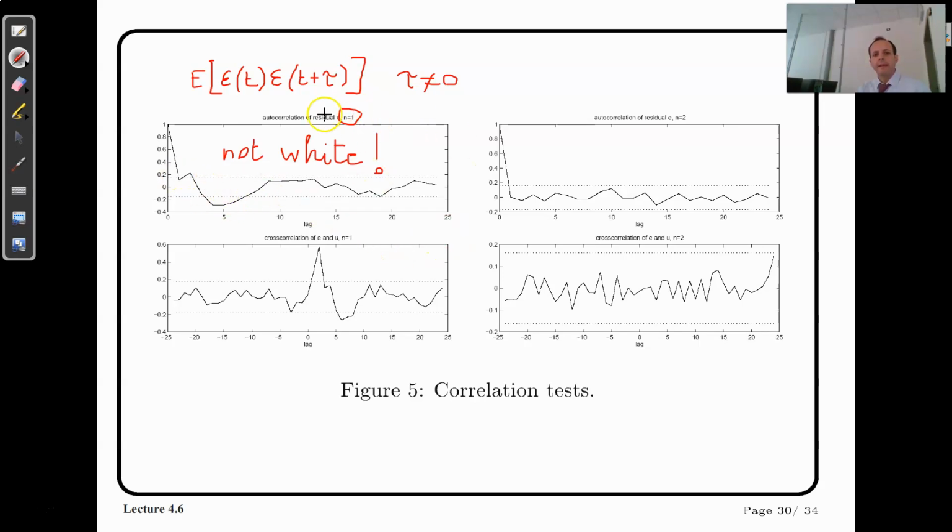And if you remember, if epsilon is white, this quantity should be a Gaussian process in between these two thresholds. And also this is the cross correlation. It's very interesting because this is the expected value of epsilon of t multiplied by u.